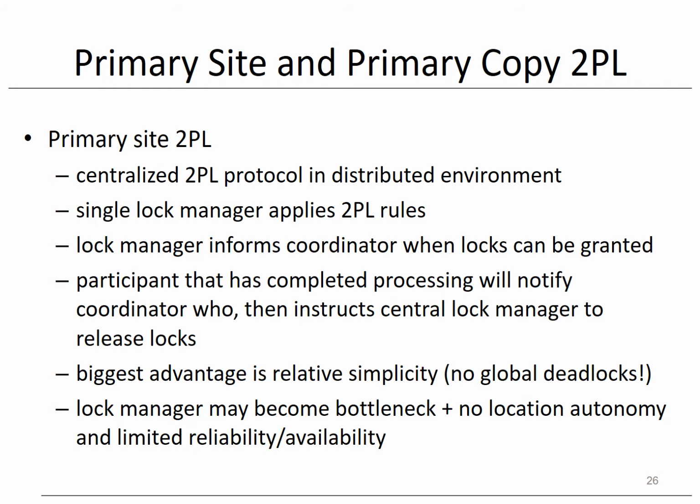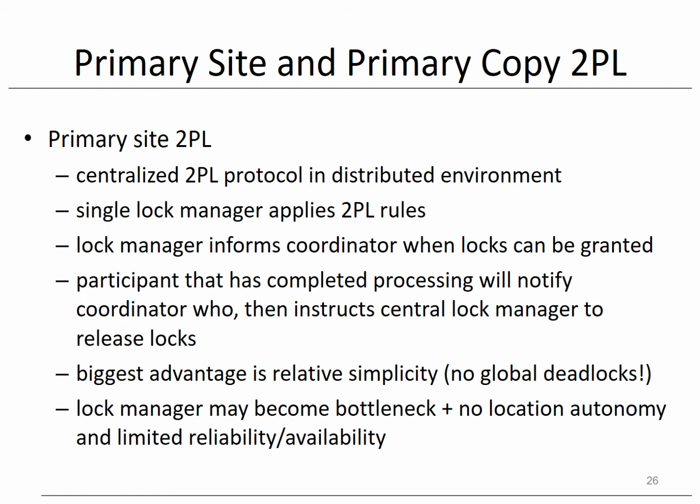The lock manager applies the rules of 2PL, so serializability is guaranteed. It informs the coordinator when the required locks can be granted. Based on that, the coordinator will instruct the transaction participants to execute their sub-transactions. A participant that has completed processing all its sub-transaction's operations will notify the coordinator, who then instructs the central lock manager to release the corresponding locks.